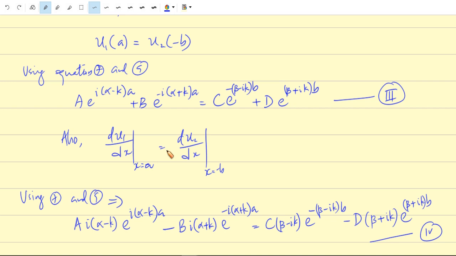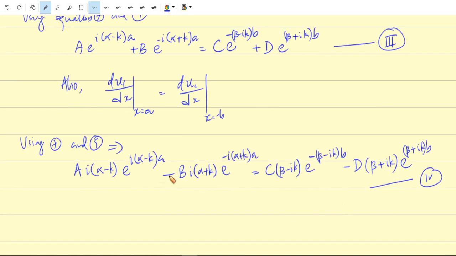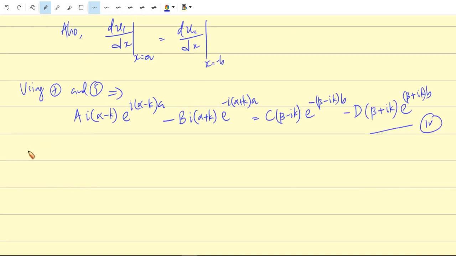So we have 4 equations in A, B, C and D. These equations will have non-vanishing solutions only if the determinant of the coefficients of A, B, C and D vanishes. The first equation is A plus B equal to C plus D, or we can write A plus B minus C minus D equal to 0. Like that we can do it for all these equations.